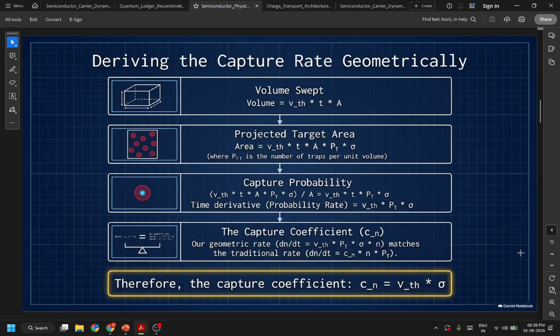So, deriving the capture rate geometrically: volume swept is Vth into t into A. Then we project it in 2D, so that becomes Vth into t into A into Pt into sigma, where Pt is the number of traps per unit volume.